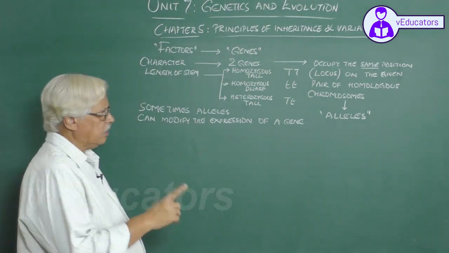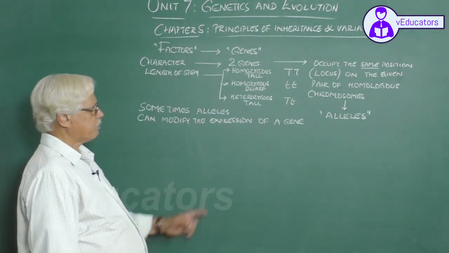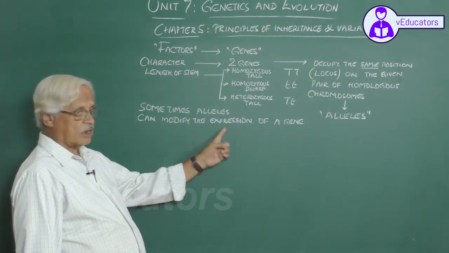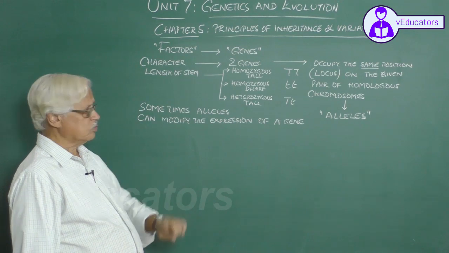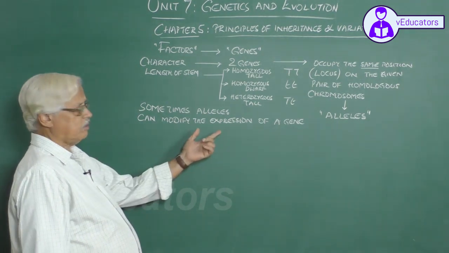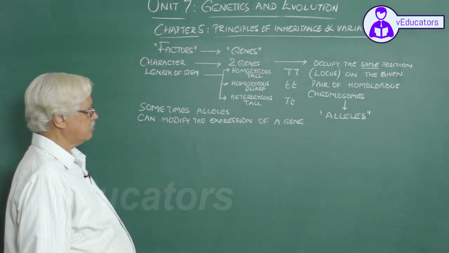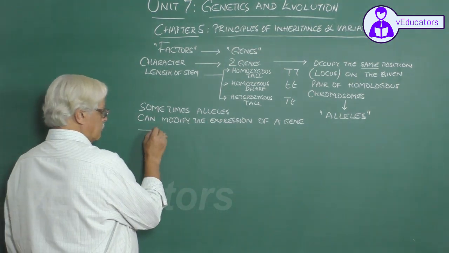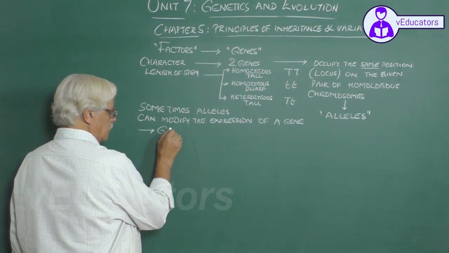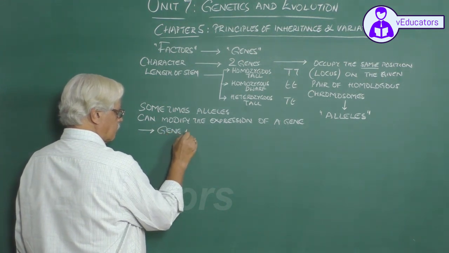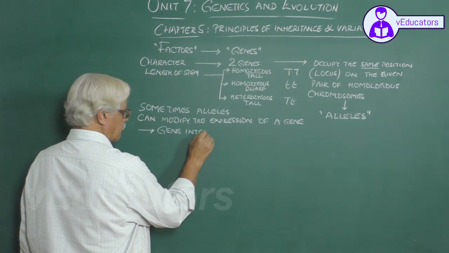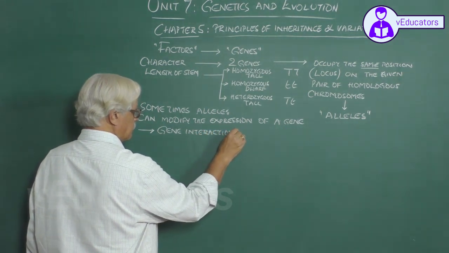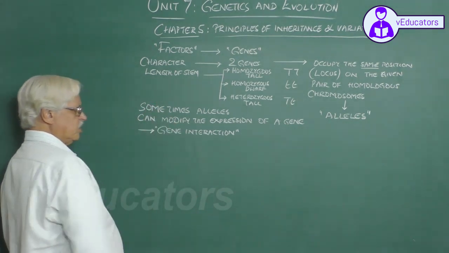One particular allele of a given chromosome can modify the expression of a gene, or another allele in the same chromosome may modify the expression of a gene. So this phenomenon is called gene interaction. Gene interaction.